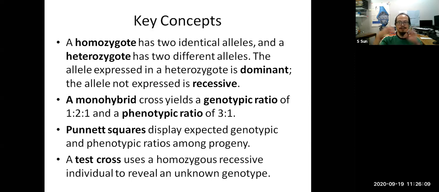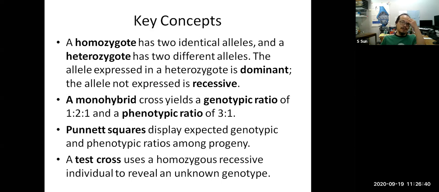And if the parents both have dominant traits, but the kids do have the recessive trait, then both parents must be heterozygous. It's called the monohybrid cross. The genotype ratio is 1 to 2 to 1, but the phenotype ratio is 3 to 1, meaning there's a chance to have the recessive trait, but the chance is 25%.